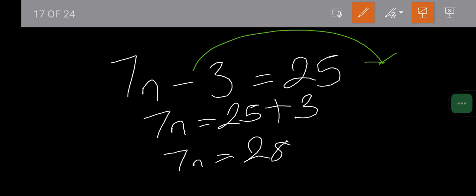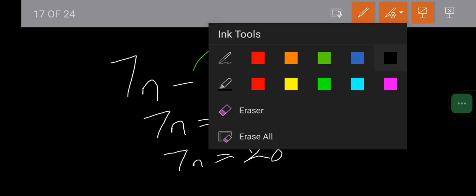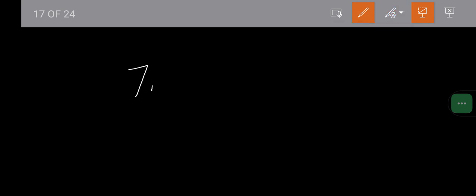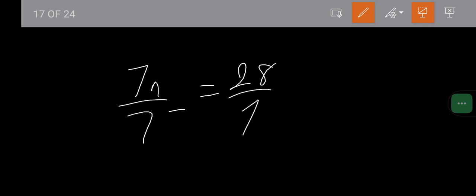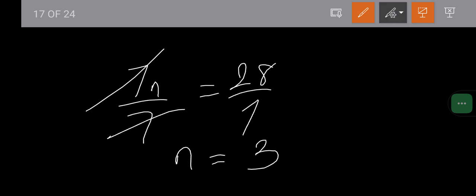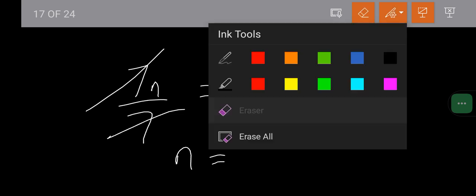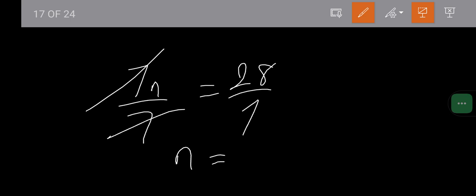And so how do we make n subject of the formula? Divide both sides by 7 so that n can stand on its own, and n is equal to 4. If you got that, well done.